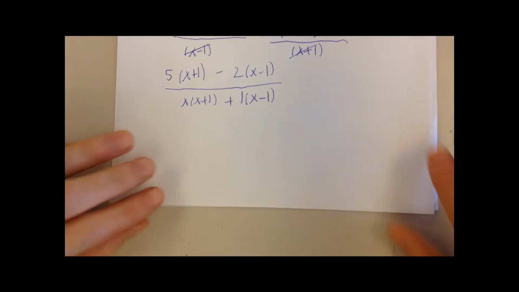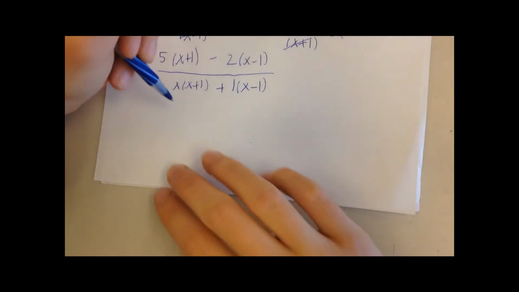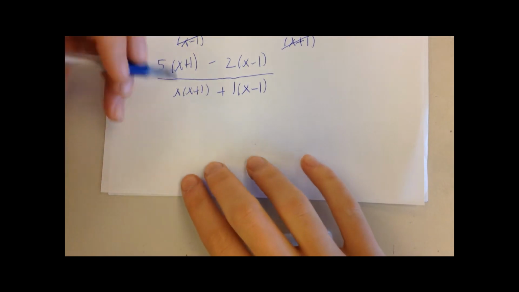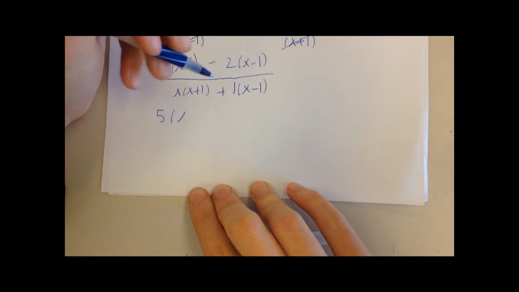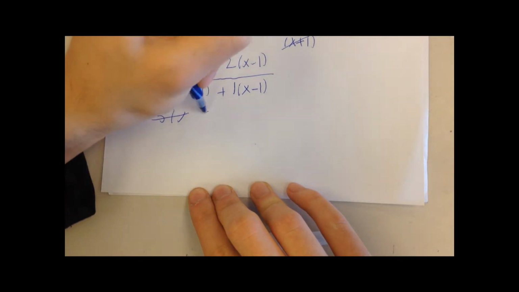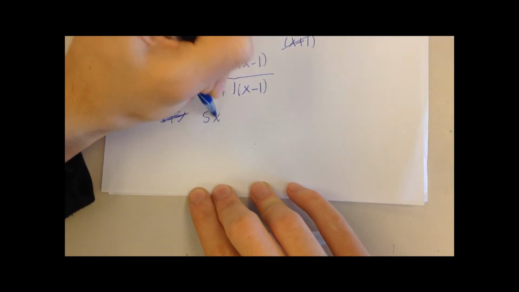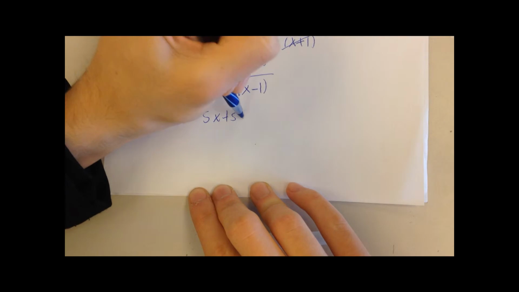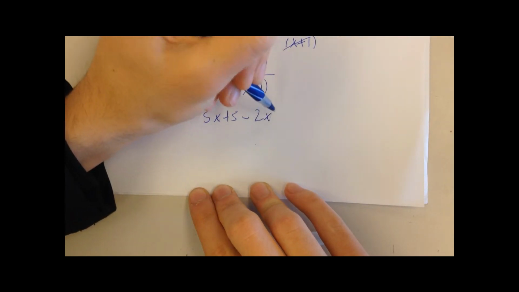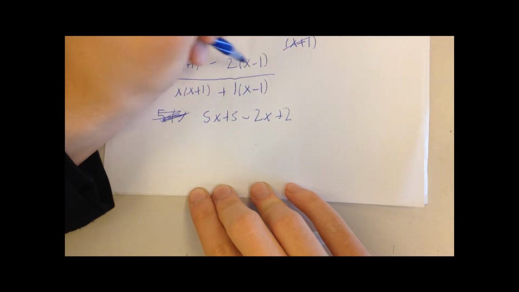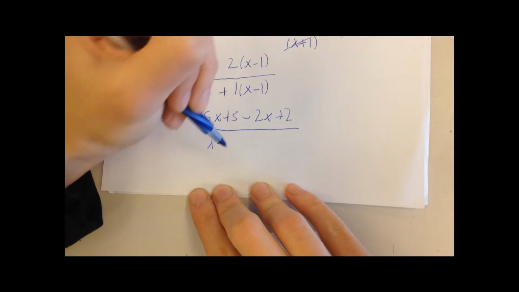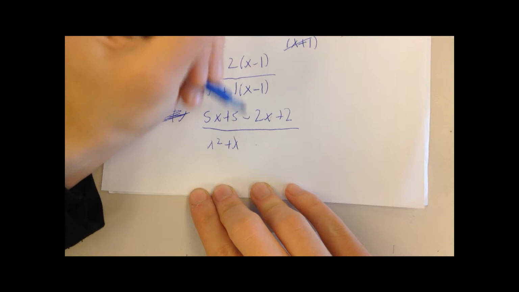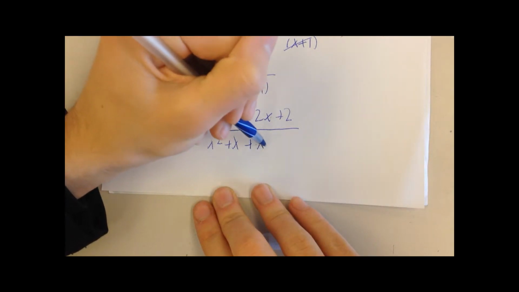So now we can expand this fraction, so we get 5x plus 5 minus 2x plus 2 over x squared plus x, and this last part plus x minus 1.